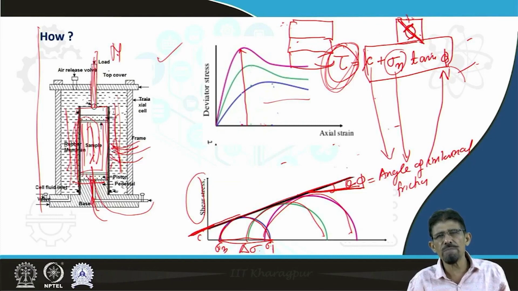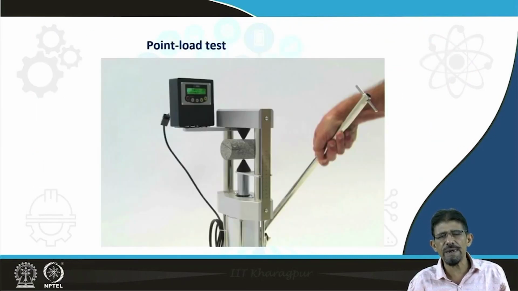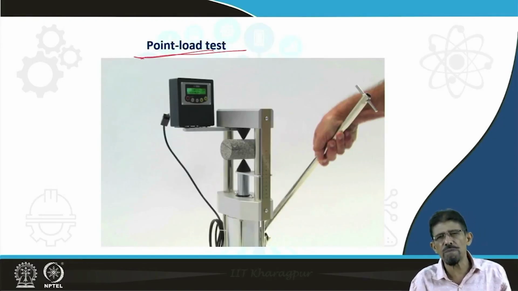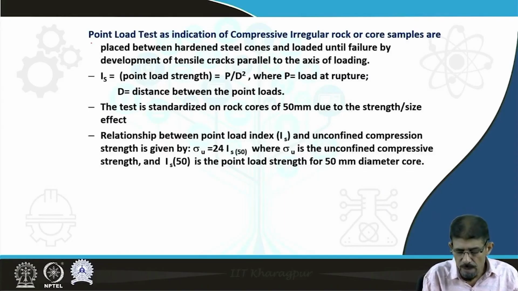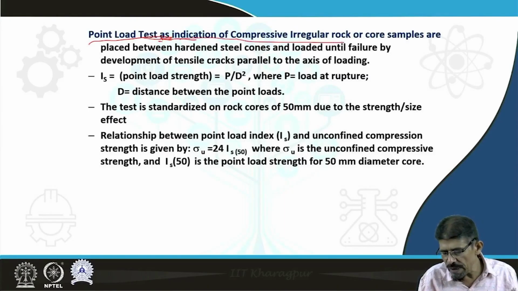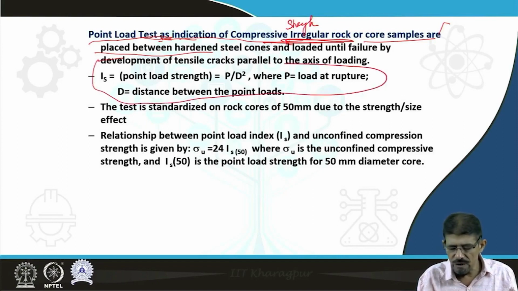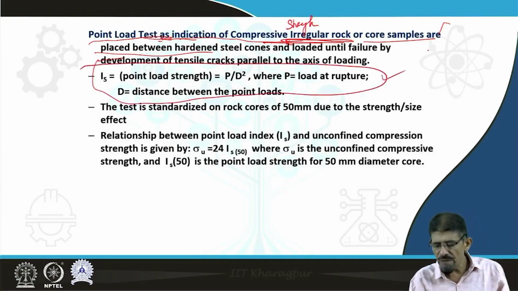One of the important indirect methods is the point load index test, very simple and very useful. The point load test is an indication of the compressive strength of irregular rocks or core samples, or any type of material or rock we can utilize for this purpose.